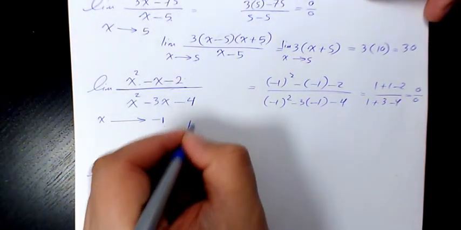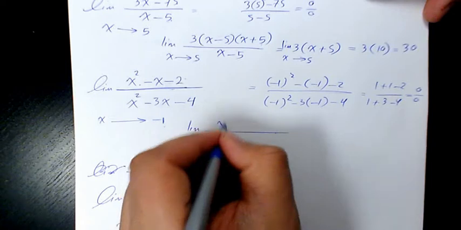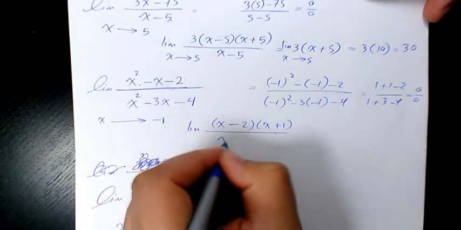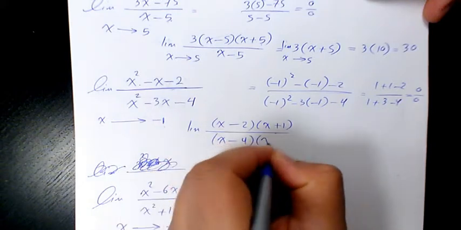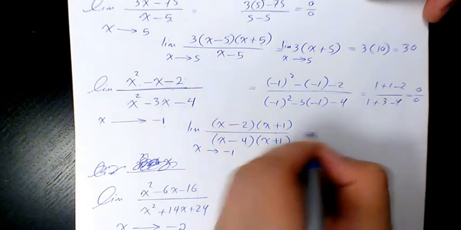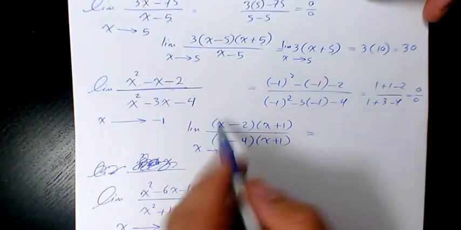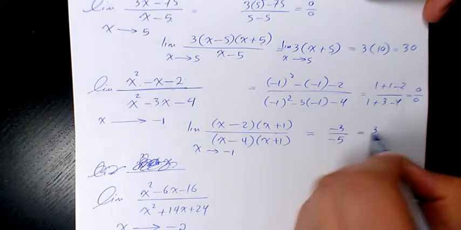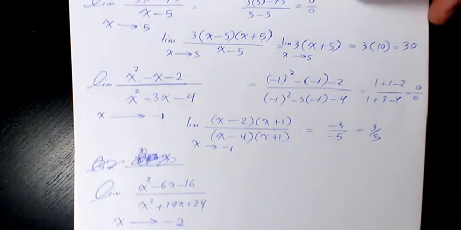So you factor that: (x minus 2) times (x plus 1) over (x minus 4) times (x plus 1) as x approaches negative 1. These two cancel out. It's going to be negative 3 over negative 5, which is going to be 3 over 5.